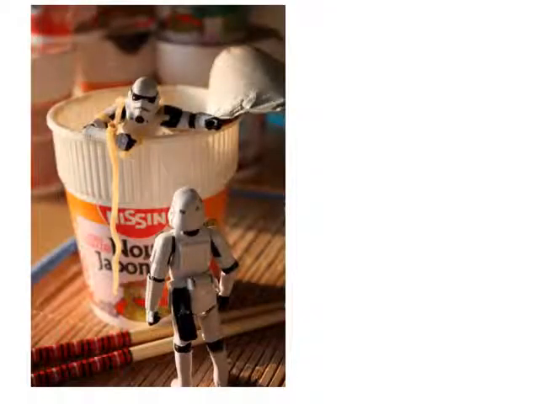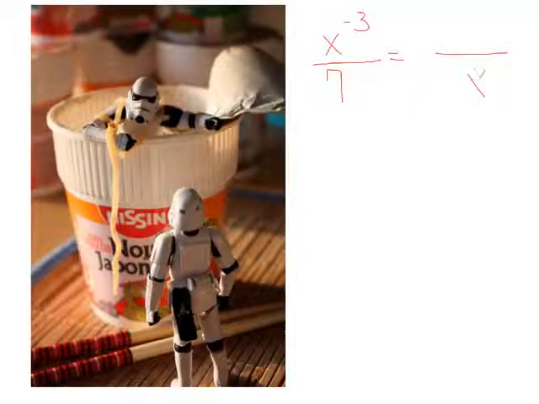Alright, a tip for 9b. If you have a fraction and you've got some variable raised to a negative power, we'll just put this over 7, what we can do is get rid of the negative power by moving the term to the denominator. 7 stays on bottom, and we're left over with a 1 on top, because there is an implied 1 in the numerator.